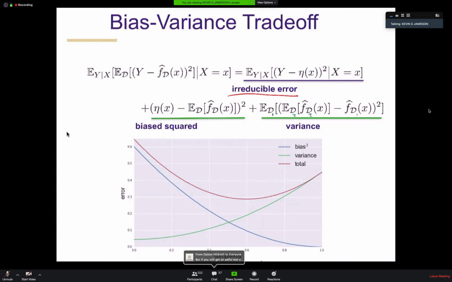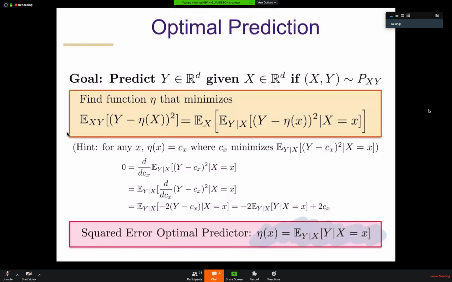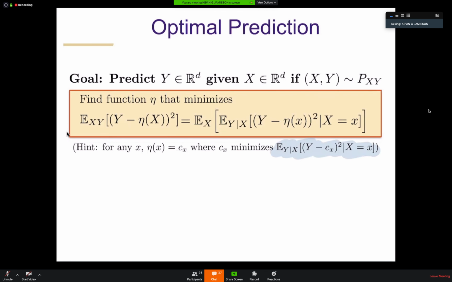Good question. The irreducible error, so eta, it really goes back to the definition of eta of x. How it's derived is basically you have some drawn x and y from this distribution pxy that you don't know.